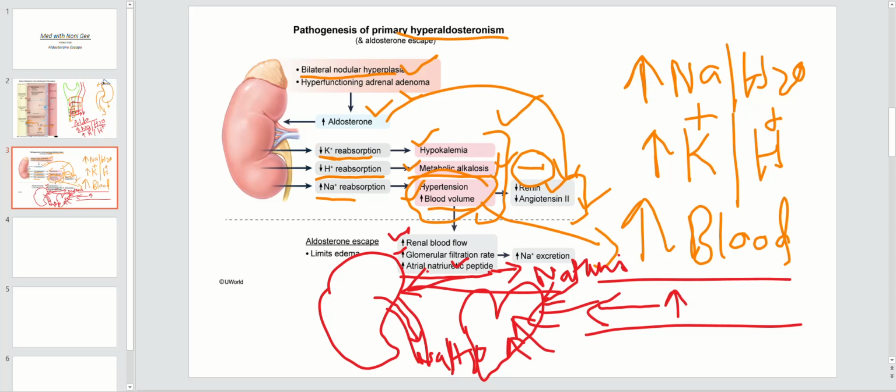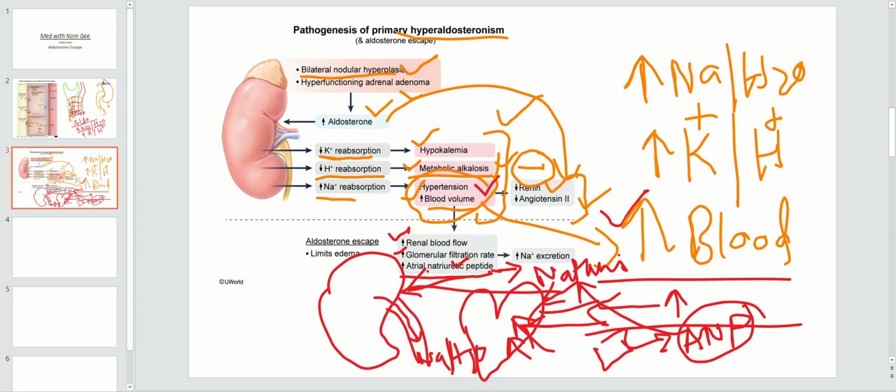That is, when you have an increased level of aldosterone, you have increased blood volume. Increased blood volume produces increased pressure in the heart. Increased pressure in the heart walls leads to the release of ANP, and ANP basically causes natriuresis.